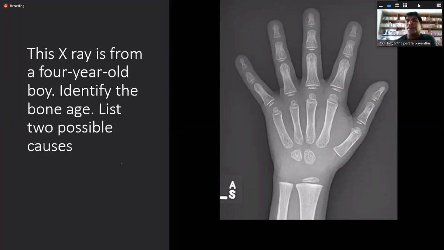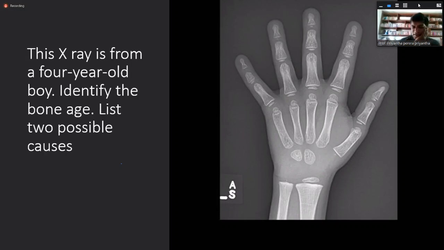Those all can cause delayed bone age, but delayed bone age of more than 2 years is characteristic of growth hormone deficiency and hypothyroidism. Some skeletal dysplasias can cause the same thing, but these are the 2 endocrine conditions that cause significant bone age delay.